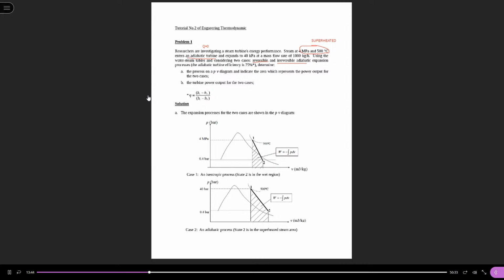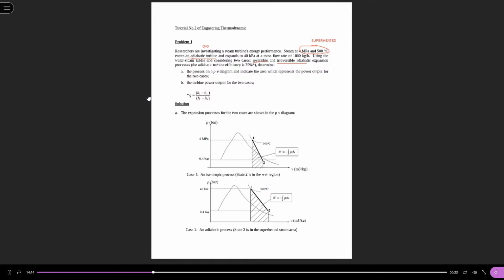If it's reversible and adiabatic, then it's an isentropic process. If isentropic process, that means the specific entropy will be equal.